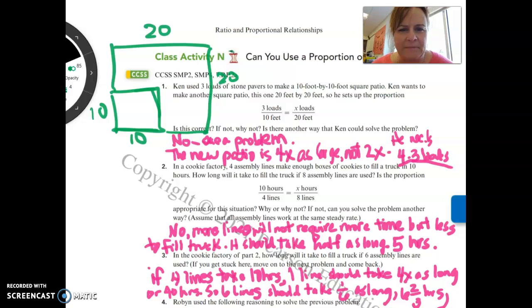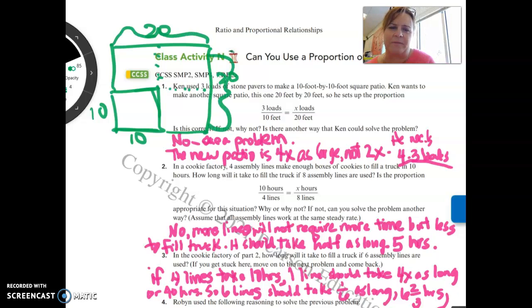So is this a proportion? Can he just do 3 loads per 10 feet equals X loads per 20 feet? Well, he can't, because this is an area problem, and you probably intuitively knew that when you read it as well. Remember, the new patio is going to be 4 times, not 2 times, as large. By me drawing this, maybe you can see how the patio is going to be 4 times as large, because we doubled this side and we doubled this side.